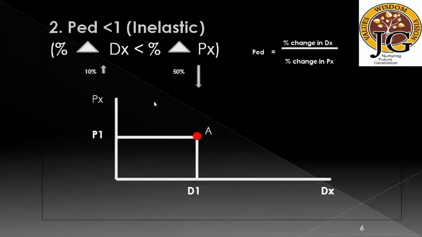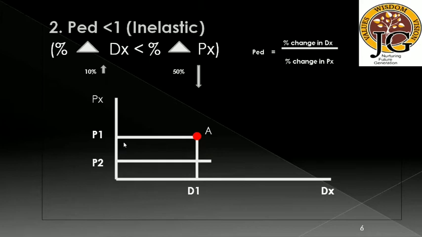Once again, the same thing can be shown with the help of this diagram below. P1 is the original price of good X, and at that price the demand is D1, so A is the original price-demand combination. Now, as mentioned here, there is a huge fall in the price from P1 to P2, so you can see that price has fallen by 50%.